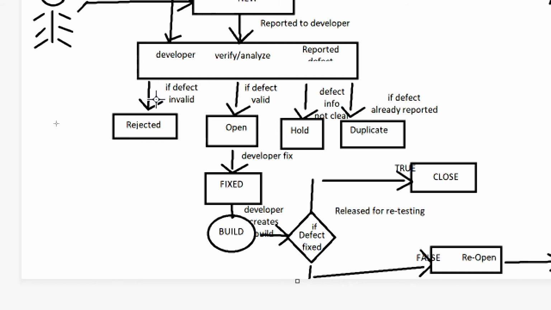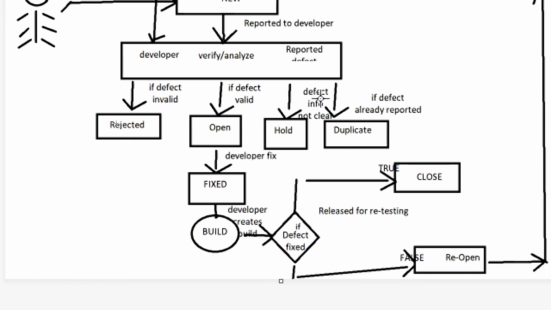If the defect is not clear, if we are not mentioning it properly and the developer is not understanding it, then he will put that defect on hold status.